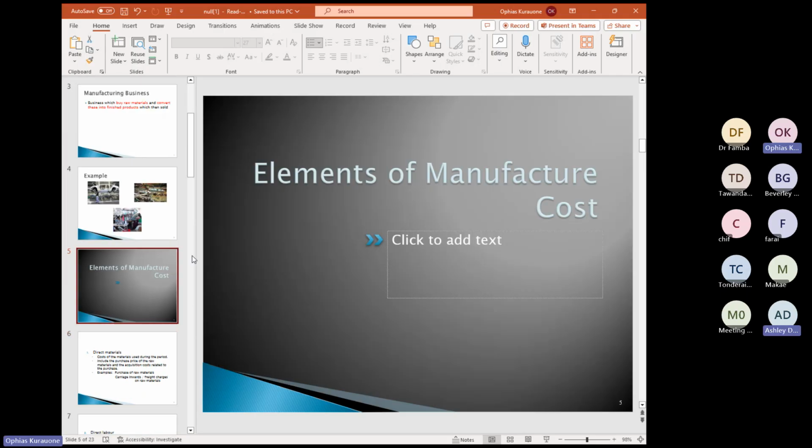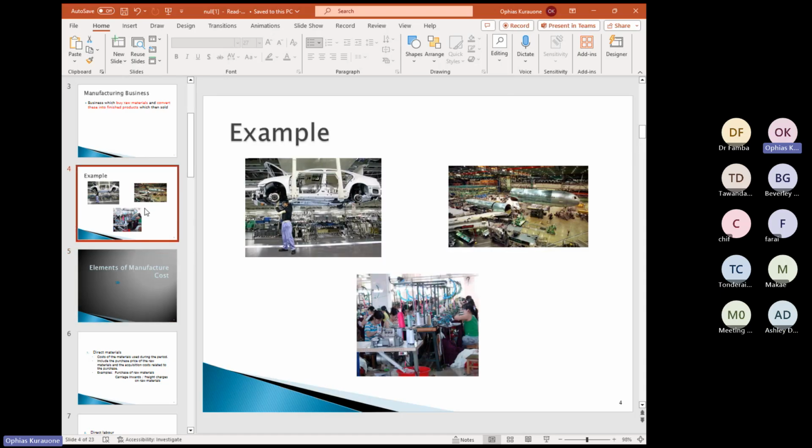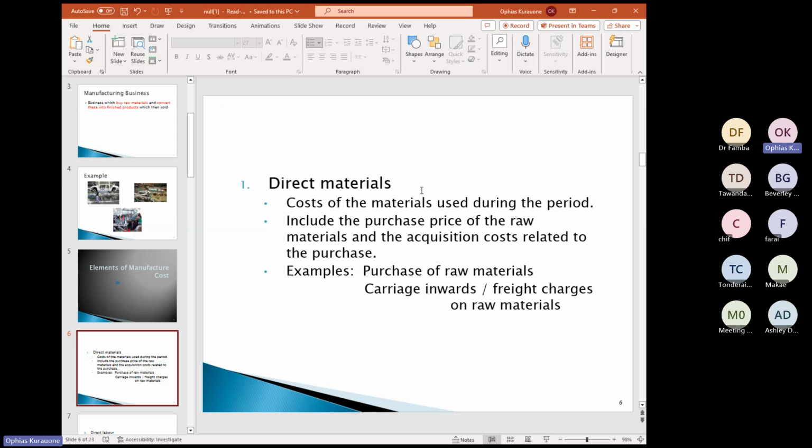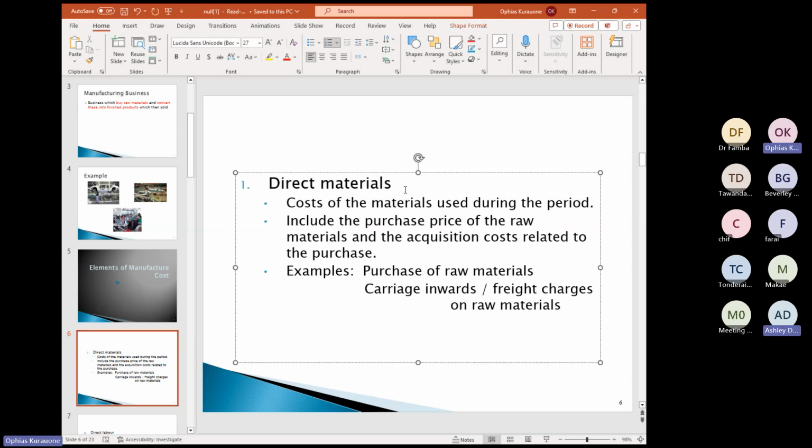So let's start by looking at the key elements of cost. Here we have direct materials. Direct materials are very important. These are the cost of the materials used during the period. For you to manufacture a car, or even a bicycle, you need raw materials, you need tires, you need wheels, and other raw materials.